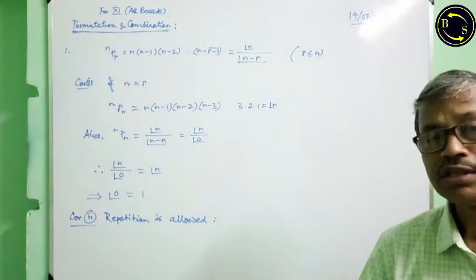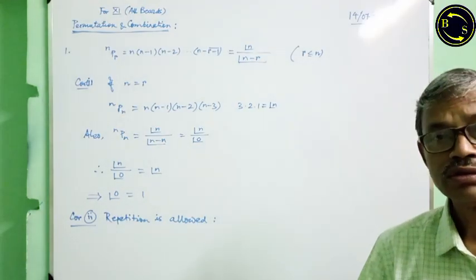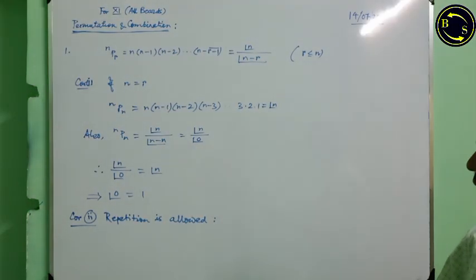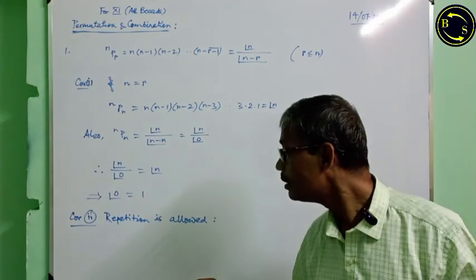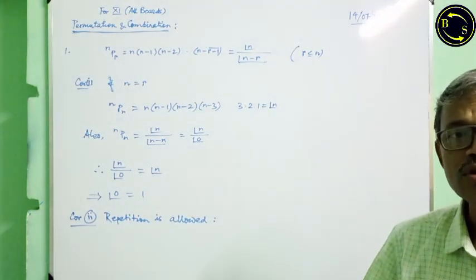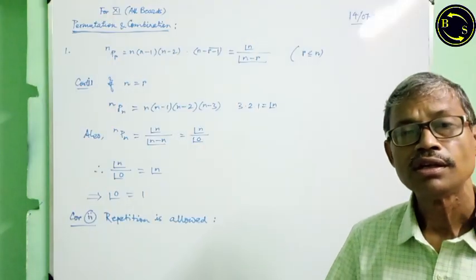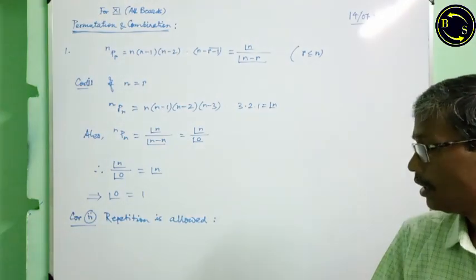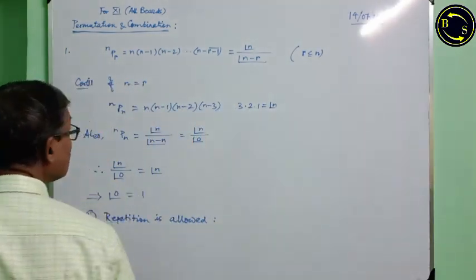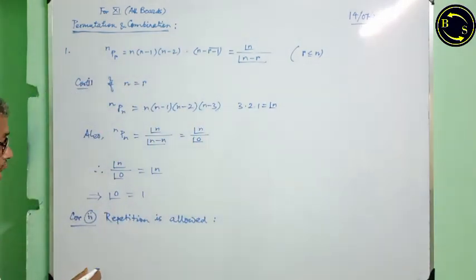If repetition is allowed, and that is quite essential. If it is not mentioned that repetition is not allowed, we have to consider repetition is allowed. Then I discuss the number of arrangements.